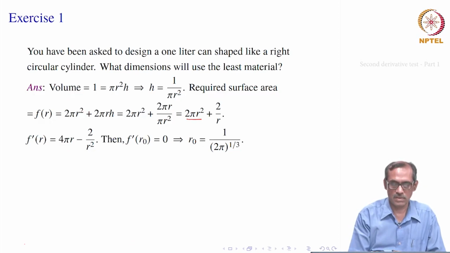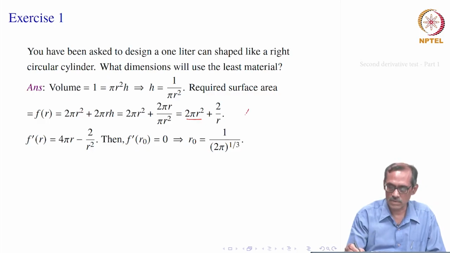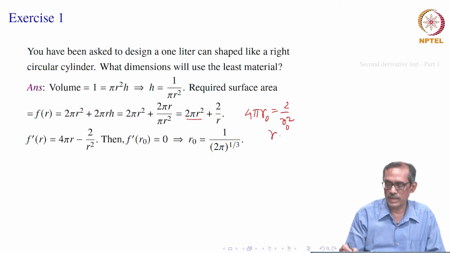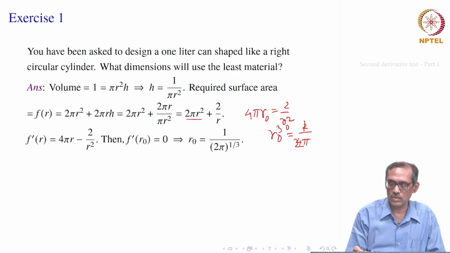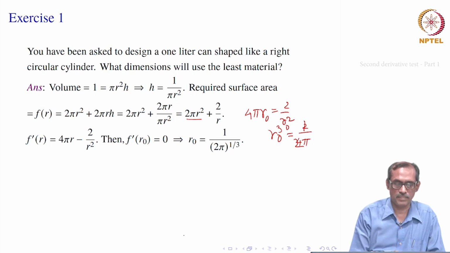This is 4 pi r minus 2 by r square, and that is equal to 0. So, that gives 4 pi r 0 minus 2 by r 0 square equal to 0. So, these two are equal, and you get r 0 cubed equal to 2 divided by 4 pi, so it is 1 divided by 2 pi. So, r 0 is 1 by 2 pi to the power 1 by 3. This is the only critical point.